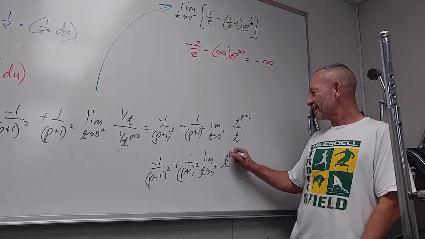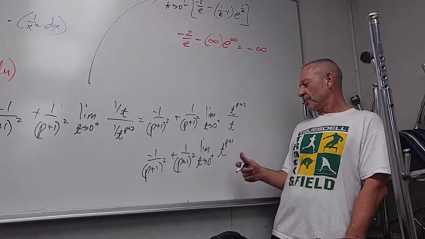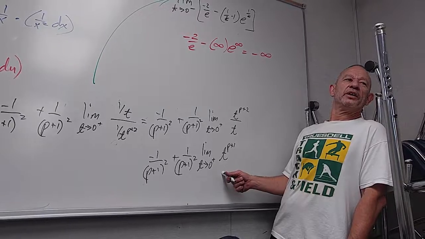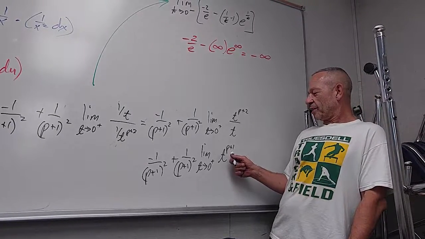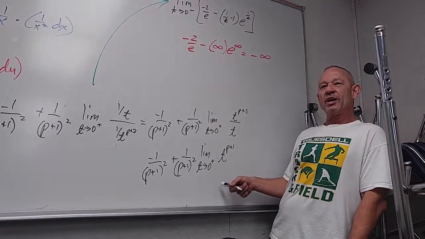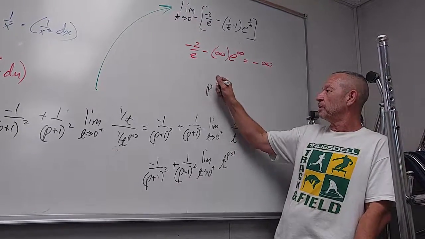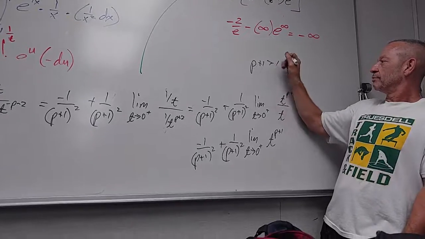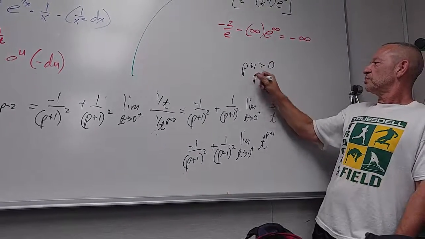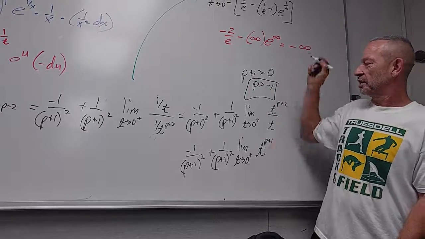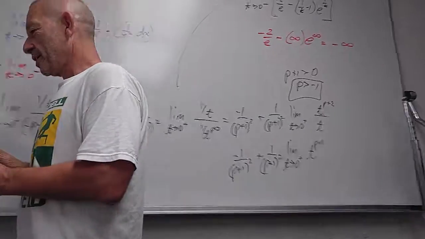So when I subtract the exponents, in order for this to exist, it has to stay in the numerator, doesn't it? If that exponent is negative, then I've got t in the denominator. As t goes to 0, I get infinity. So I need p plus 1 to be positive. Again, p greater than minus 1, which is what we found before. And now we know p should be bigger than minus 1.